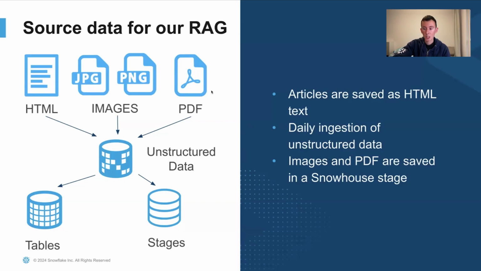So a Snowflake table is a SQL table with structured information, for example, the title of the article, the content of the article, the creation date of the article. And stages are places where you can store and save files, for example, images or PDF. So yes, that's the type of data we are processing.